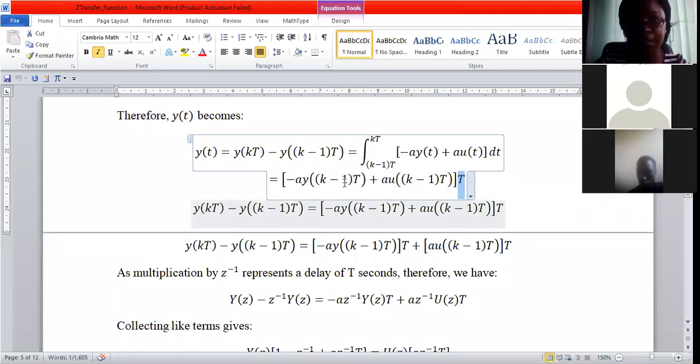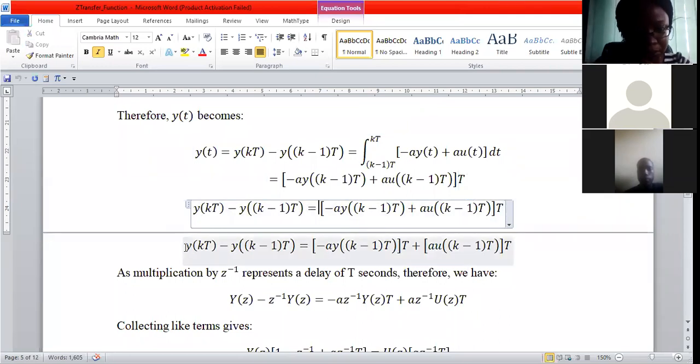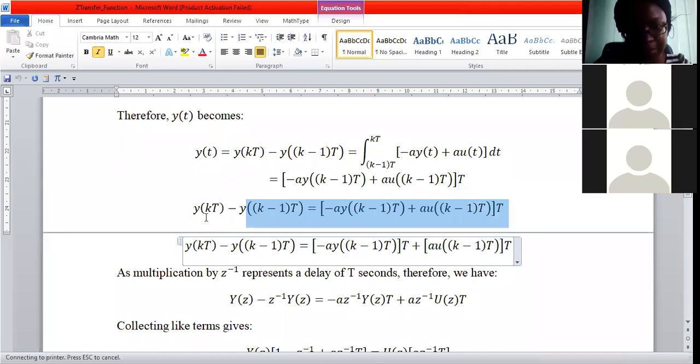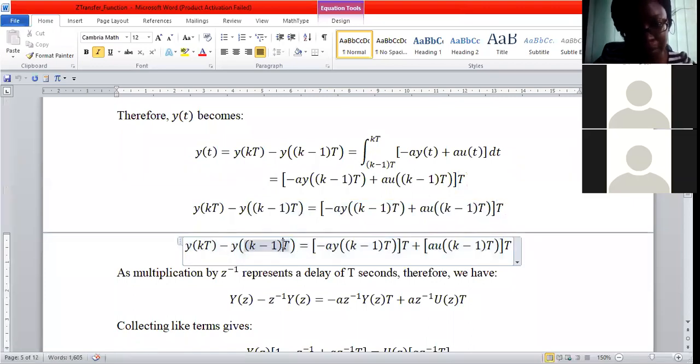So that was where we stopped in the last class. We stopped here, that y of kt minus this is equal to this.